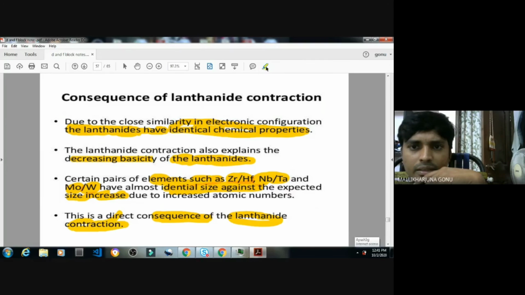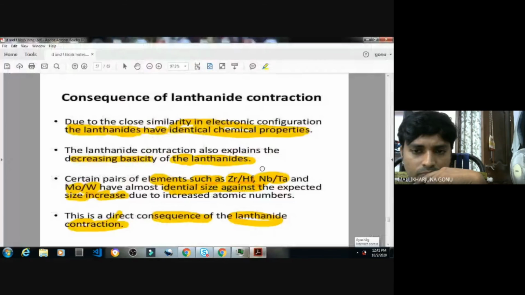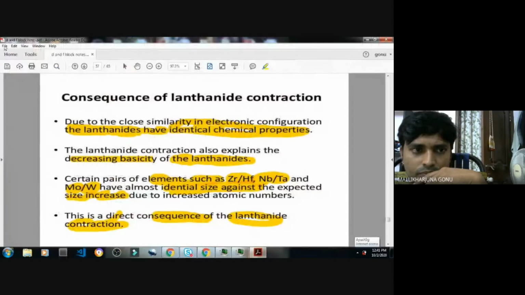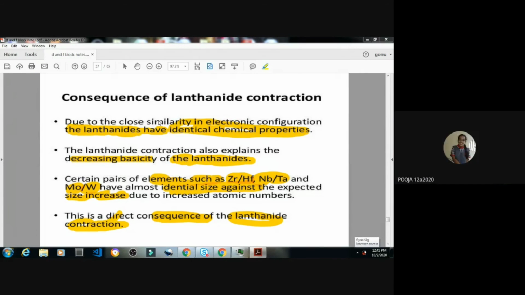Okay, then what is the next point that we will see now? What are these elements now? Who will tell? Pooja, are you there? Yes, sir.